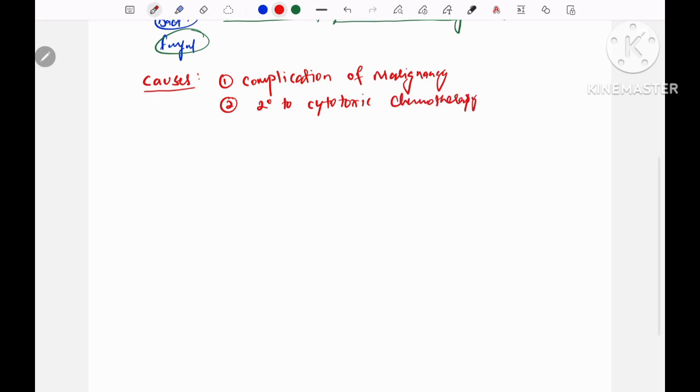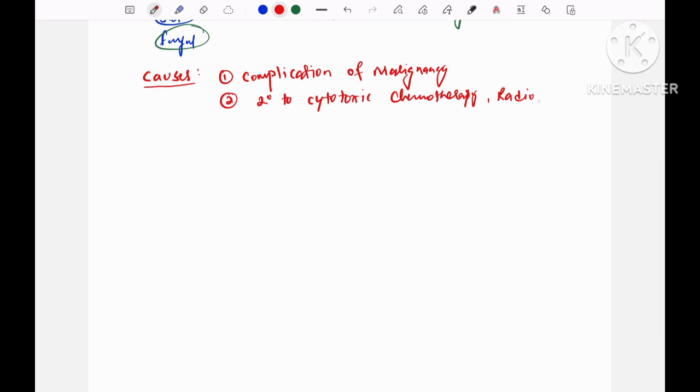And radiotherapy is another cause. During radiotherapy, we irradiate the bone marrow or we irradiate the cancer cells. So at that time, if a large amount of bone marrow is irradiated, then there can be a chance of febrile neutropenia.